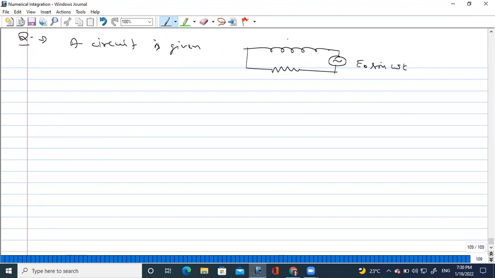E naught sin omega t. This is an inductor. Here voltage drop is V1. This is a resistance. Here voltage drop is V2. Okay. So here you have to find the current I.